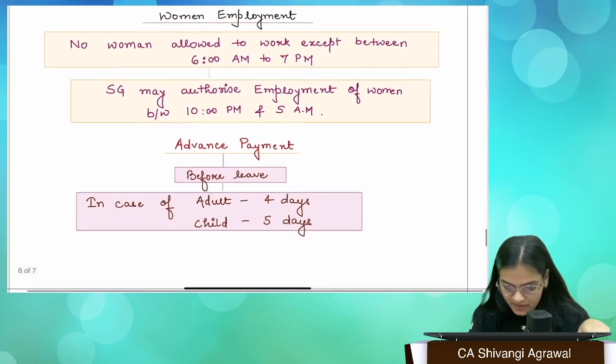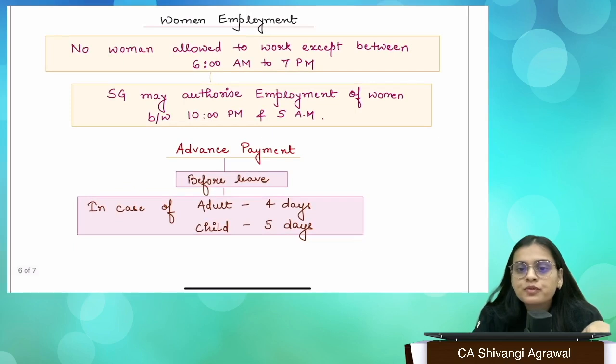When we come to women's employment, no woman is going to be allowed to work except between 6 a.m. and 7 p.m. This is the general tenure authorized for women.